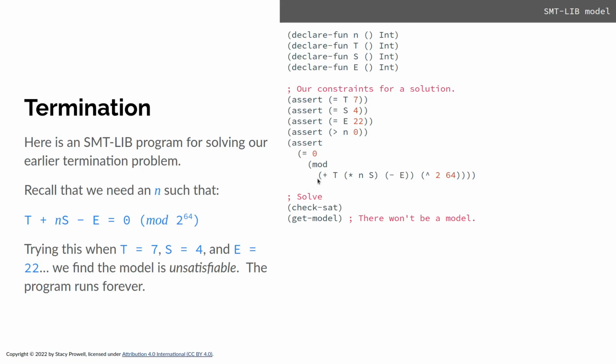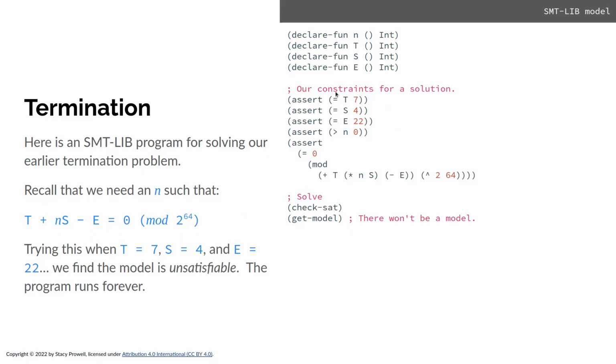And this is the first argument to mod. The second one is this, 2 to the 64. And so I mod this value with 2 to the 64. And what I'm concerned with is when this thing equals 0. And so I have a 0 and an equal here. And I close all the parentheses, and there's my assertion that captures this little equation right here.